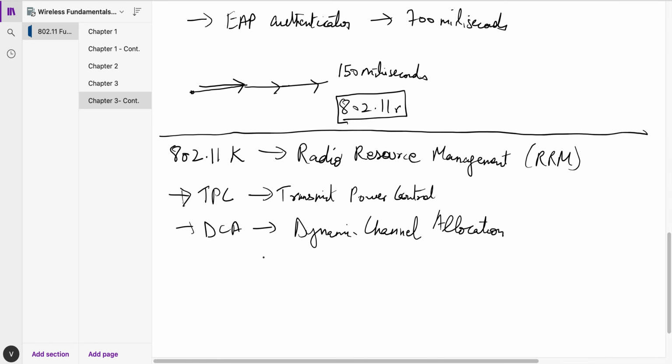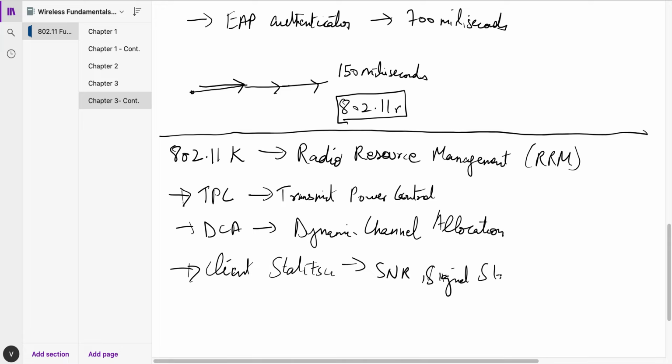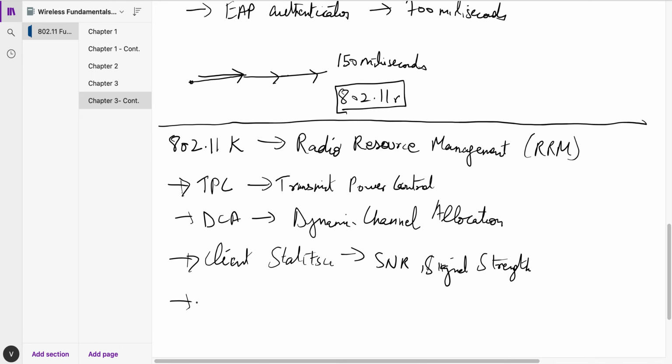It also gathers the client's statistics and reports it to the AP. Statistics like what is the SNR, signal to noise ratio, what is the signal strength that I see on the client, all these things it will gather and report back to the AP or the controller, anything that is running RRM. It also collects the channel stats on which the AP is working at the moment.